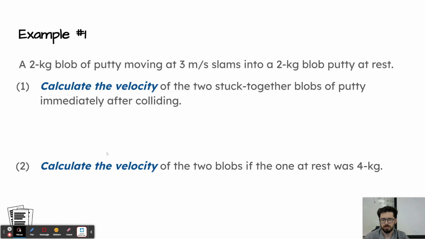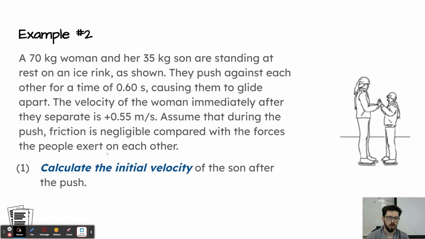Okay, all right, so example number 2. We're going to solve this using the exact same MVP chart, and I would highly recommend that you write this example into your notes as well. So let's read this together. A 70-kilogram woman and her 35-kilogram son are standing at rest on an ice rink as shown.